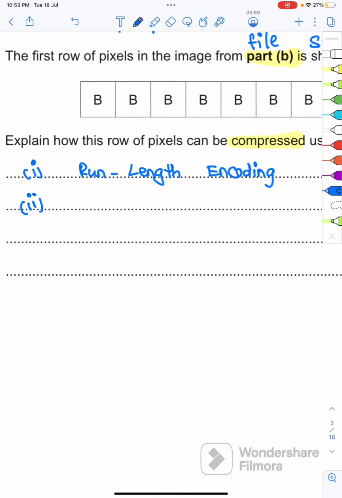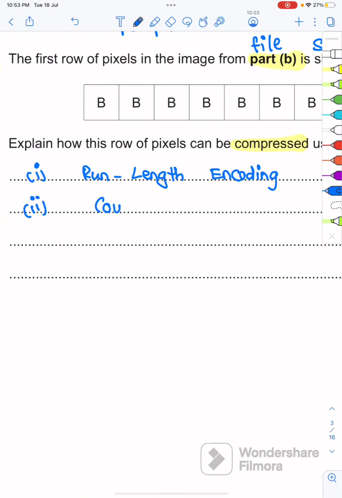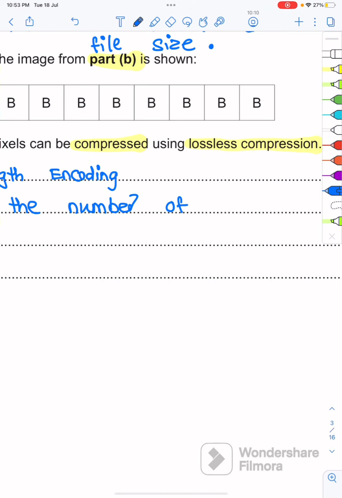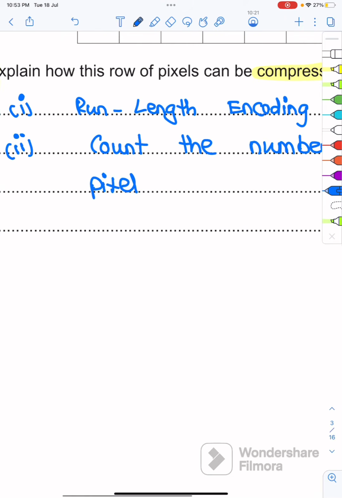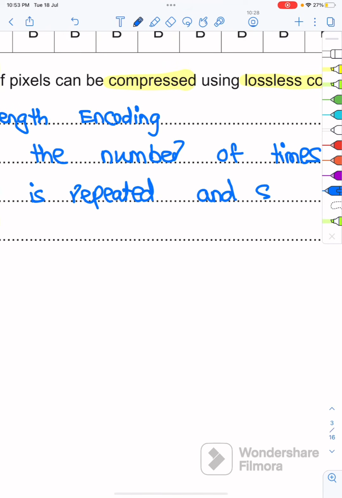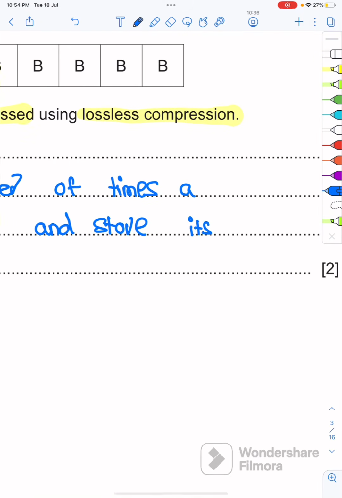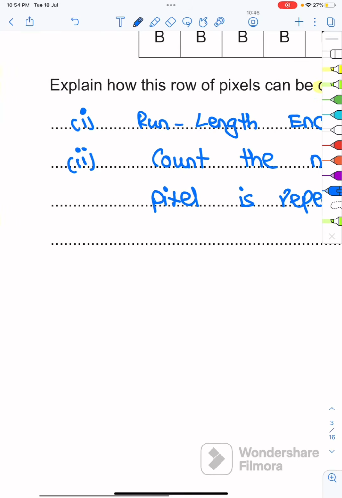So it's basically going to count the number of times a pixel is repeated and store its count as an integer in 1 pixel.